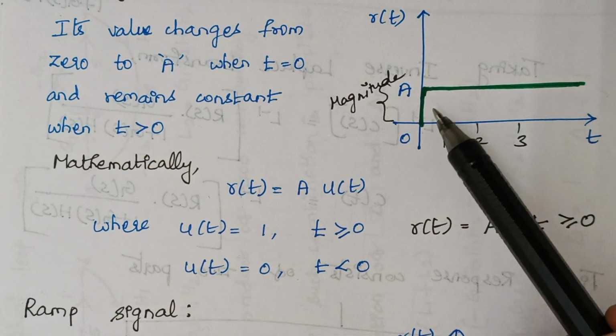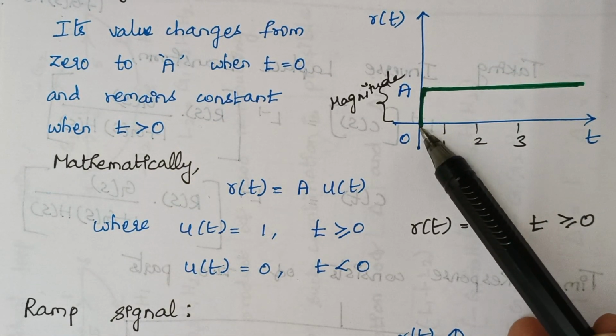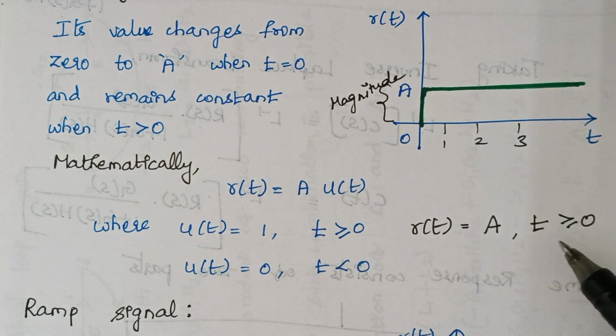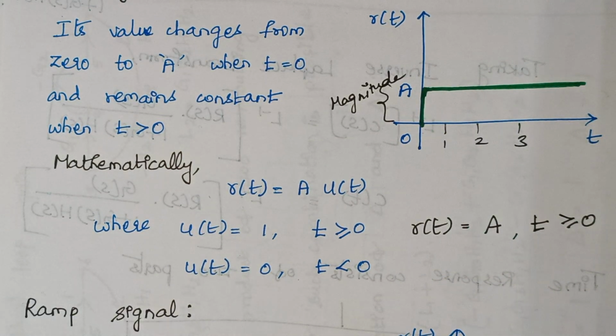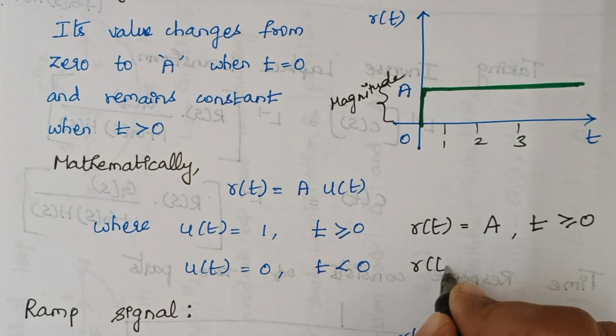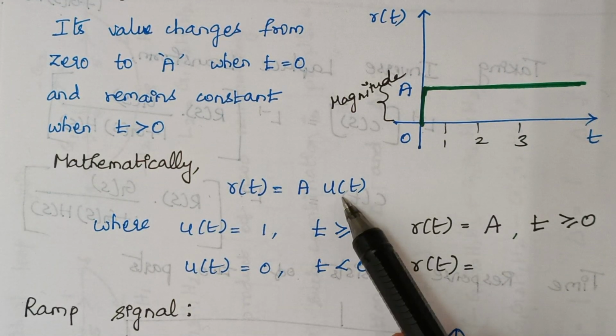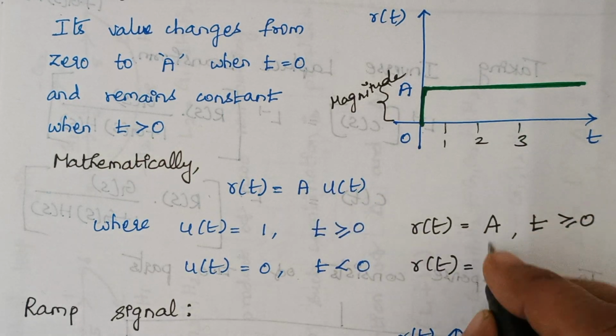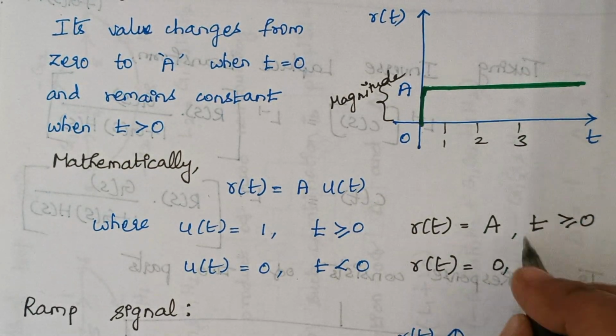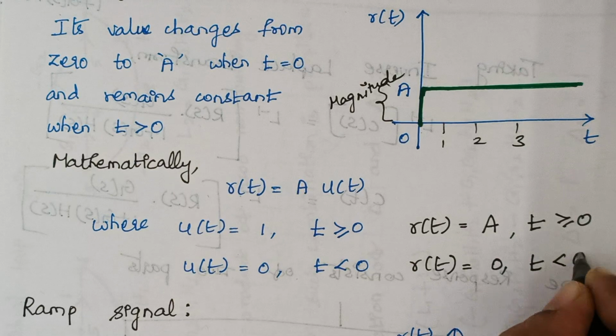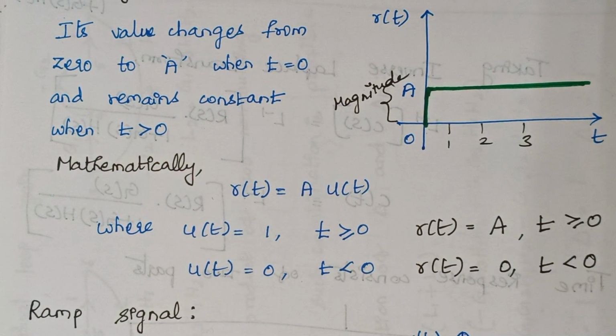Its value changes at t equal to 0 and remains constant when t is greater than 0. And r of t is equal to 0 into A, which is 0, when t is less than 0. So this is our step signal.